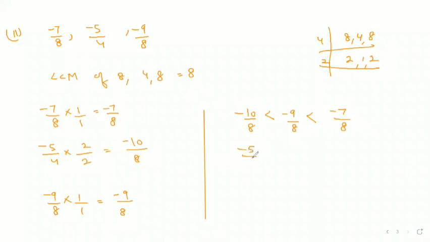So according to this, the order is minus 5 by 4, minus 9 by 8, and minus 7 by 8. Hope the question is quite clear.